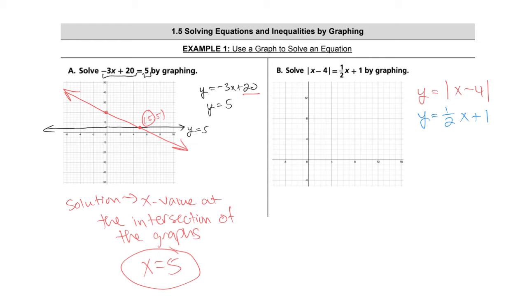I think the easier one to start graphing with is y equals 1/2 x plus 1. So let's graph that. It's got a y-intercept of 1. So just be wary of the graph. This one goes by 1s for each small block and then 4s by the other ones. Now this has a slope of 1/2, so we go up 1 to the right 2.